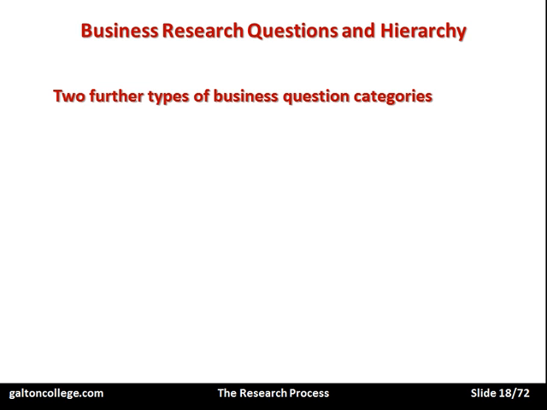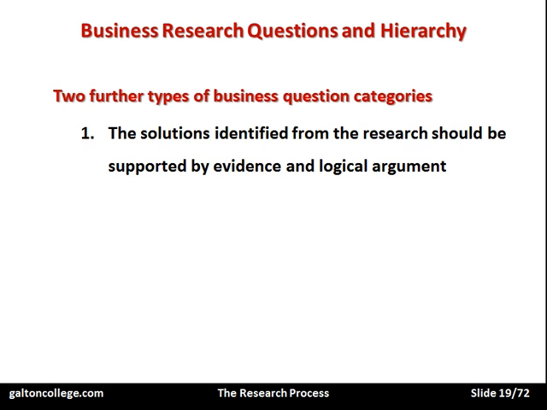There are two other types of business category. The solution identified from the research should be supported by evidence and logical argument. Now, business categories often don't come in very clear questions.